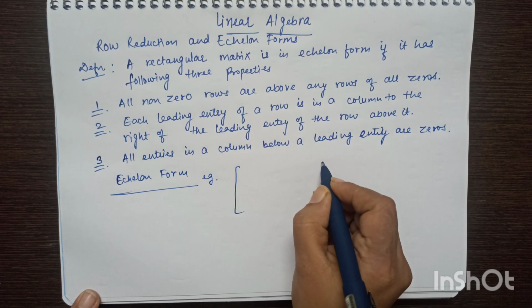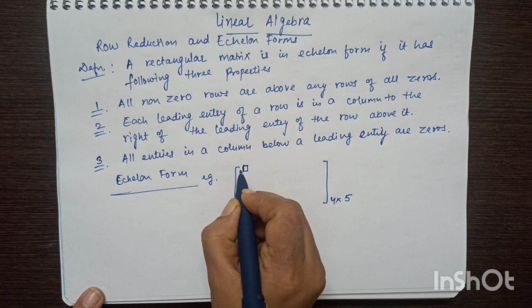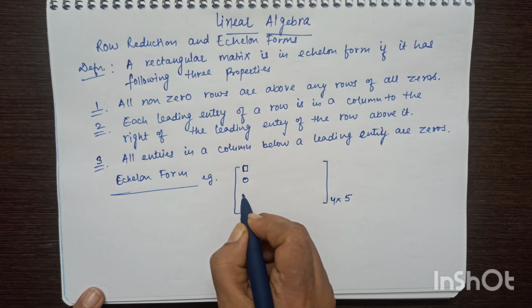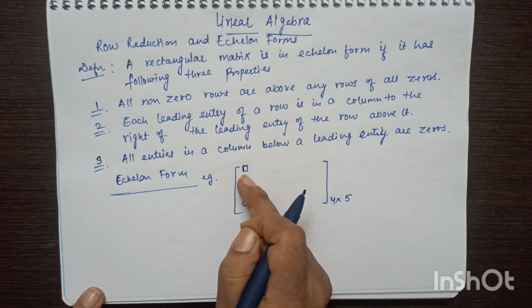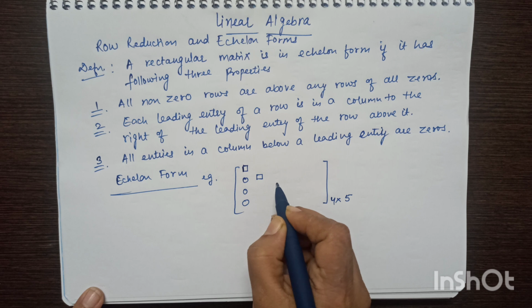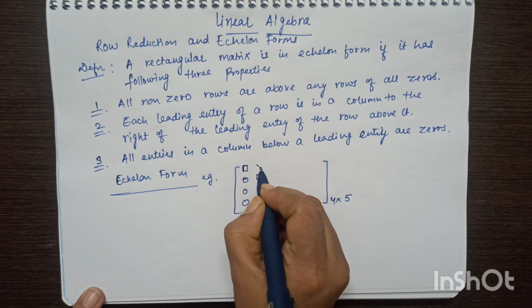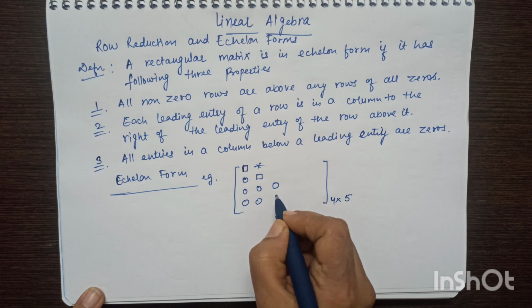So these are the examples of Echelon forms. Suppose this is a 4 by 5 matrix. The square I am representing is a leading entry. It can take any non-zero value in Echelon form, and elements below it would be 0. The leading entry of the next row would be to the right of the first row's.